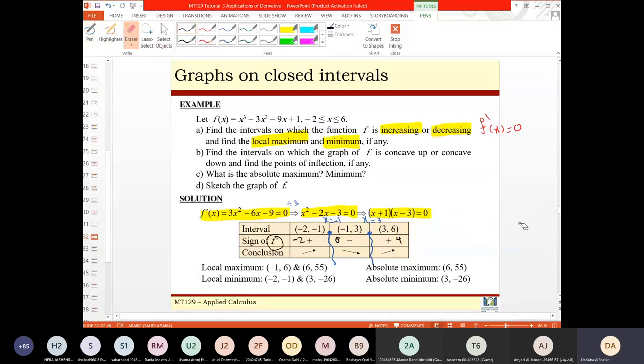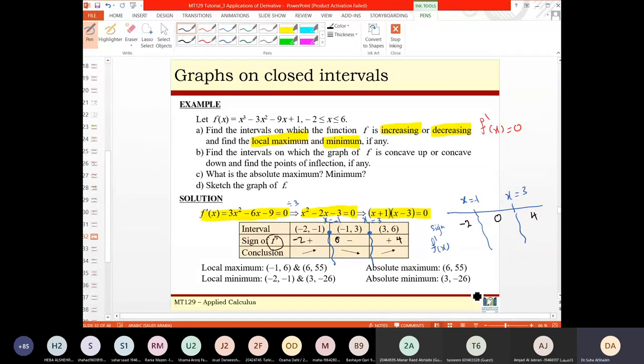Let me draw it clearly. We draw the line. We put the points. And x equal to minus 1, and I have x equal to 3. I study the sign of f dash x. Choose a point here, 0. A point minus 2.